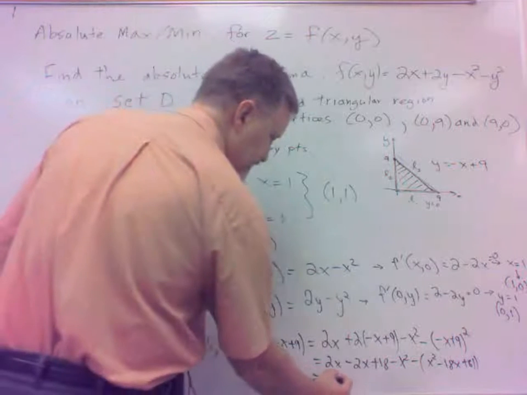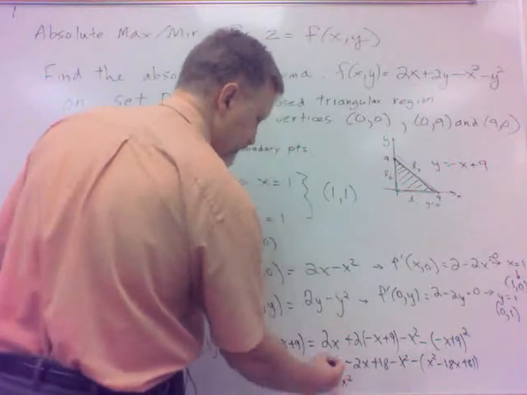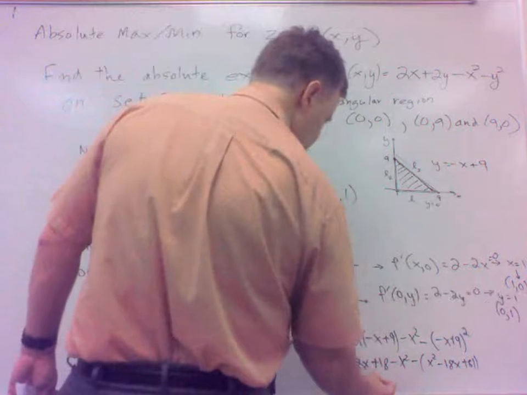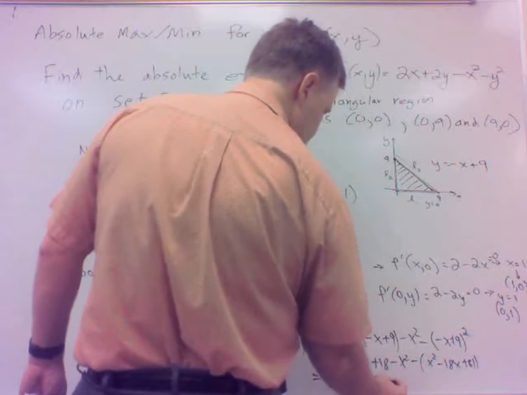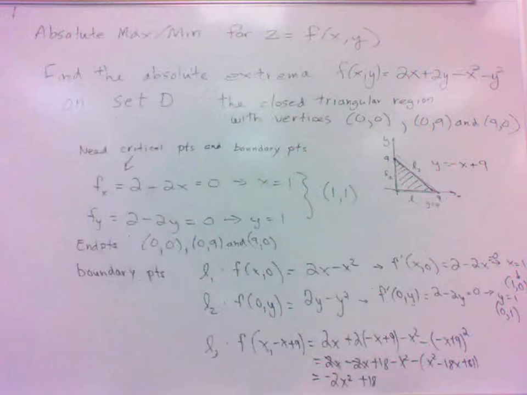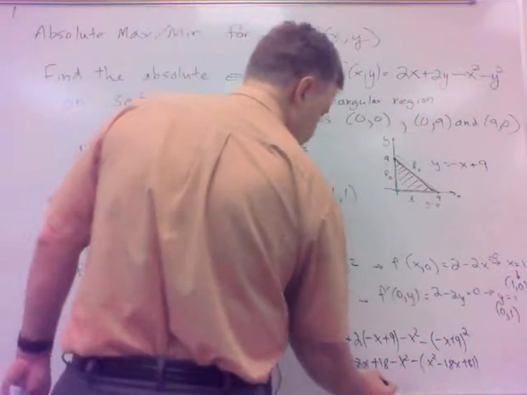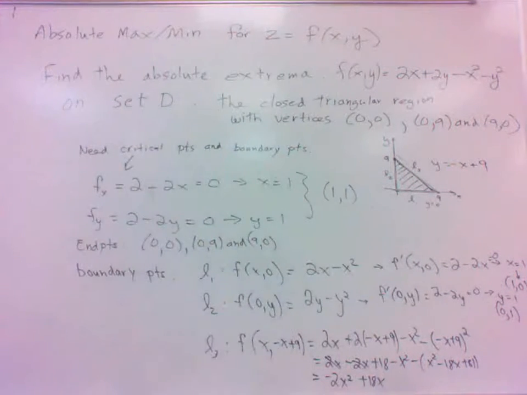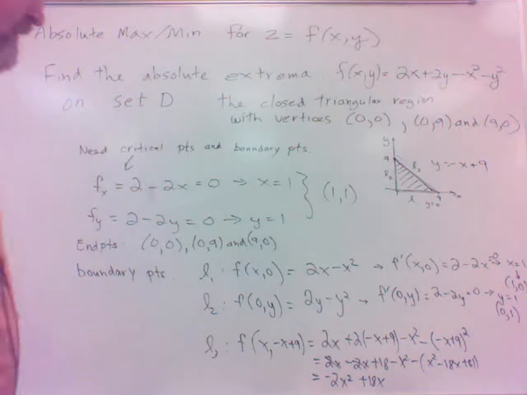So that'll be negative 2x squared, the 2x's cancel, plus 18x, 18 minus 81. 18 minus 81 is 63, is that right? Negative 63.